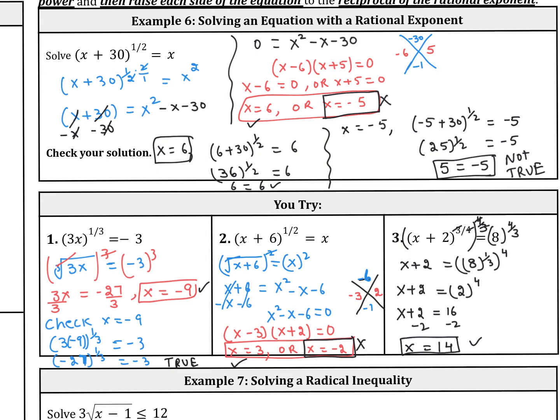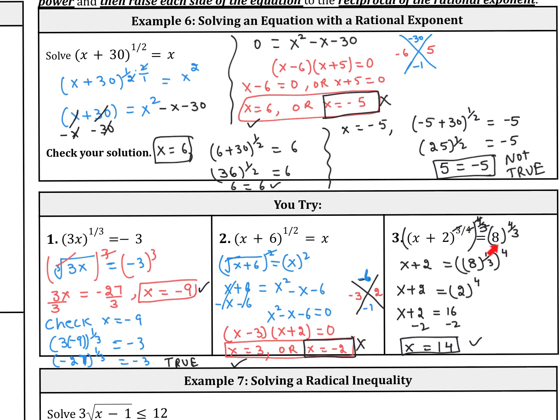So question number 3 is x plus 2 to the power 3/4. In the definition it said you take the power that is the reciprocal of 3/4, which is 4/3, on both sides, so that you can cancel it with the original exponent and get x plus 2 free from the exponent.